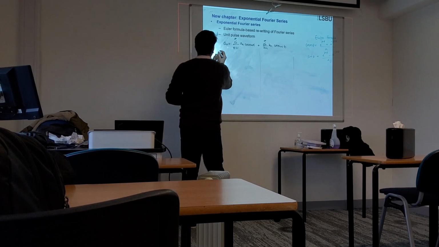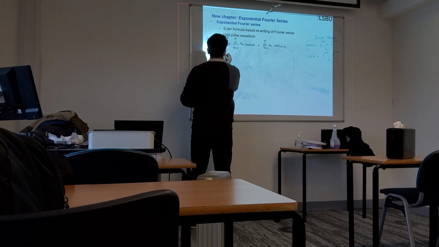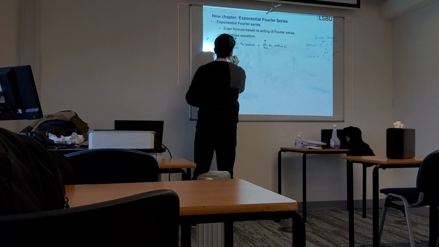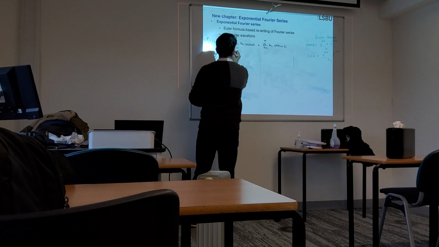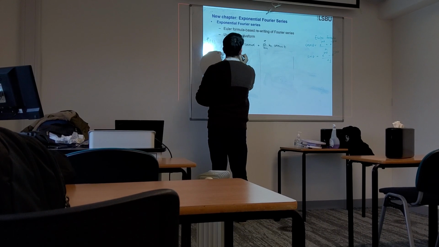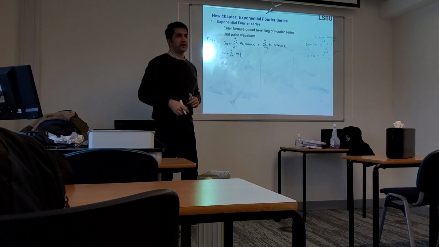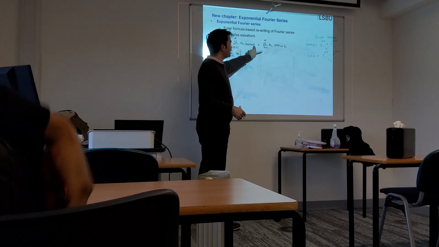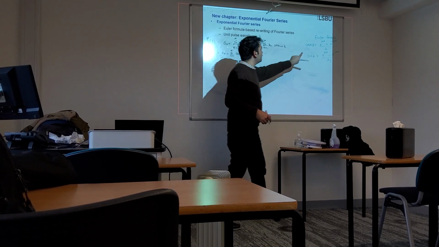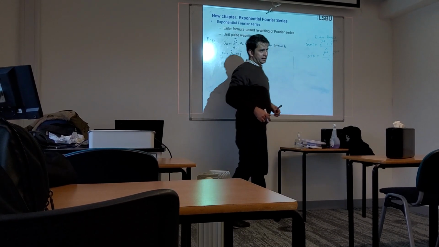So it means that it would be a naught plus summation n equals 1 up to infinity an, and inside we need to put cos of n omega t. So now you have n omega t here, so the whole term will go here as n omega t, right?